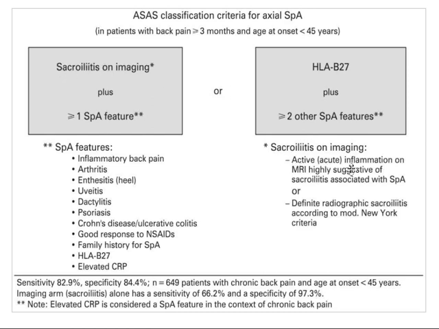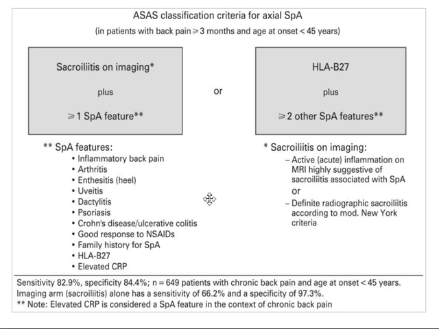We can see here active inflammation on MRI, highly suggestive of sacroiliitis associated with spondyloarthritis. There should be active inflammation on MRI or definitive radiographic sacroiliitis according to modified New York criteria. So just remember that if there is sacroiliitis on imaging, there should be at least one more spondyloarthritic feature. If the patient is HLA-B27 positive, then there should be at least two spondyloarthritis features.